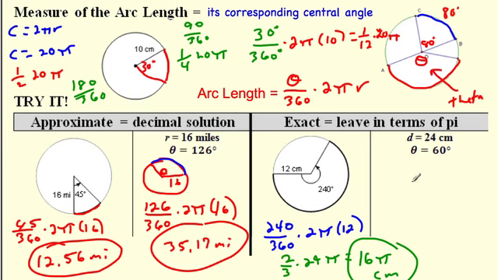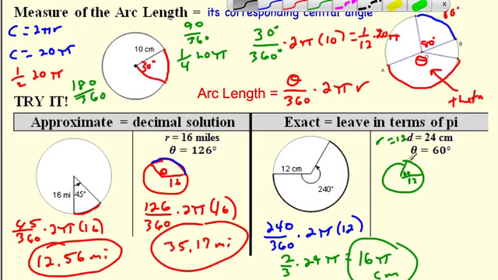All right, one more. If you want to draw your picture so you can see what's going on, I'm talking about a 60-degree angle right here with a diameter of 24. Almost got me. What's the radius? The radius is 12. Let's find how far I'd walk along that line right there.